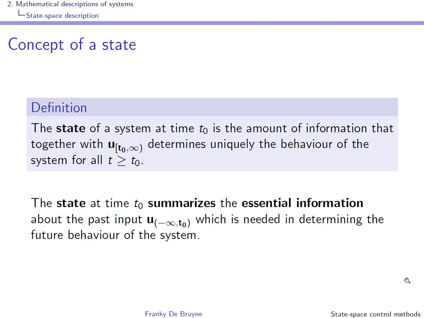So far we have talked about input-output descriptions that are familiar to you, and now I will start to introduce the state space description of a system, and for that we need the concept of a state. The state of the system at time t0 is all the information that you need, together with the input from t0 onwards, to uniquely determine the behavior of the system after time t0.